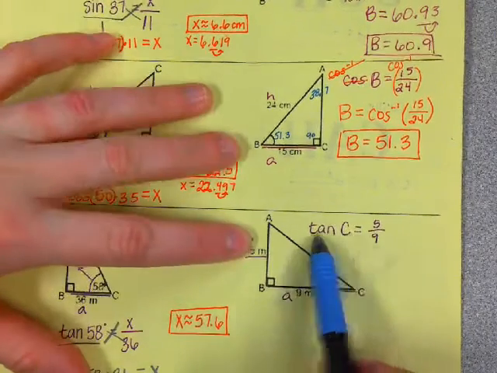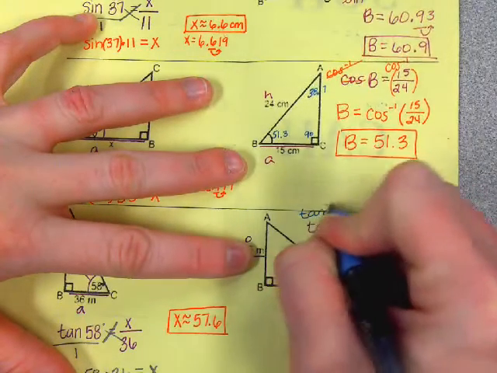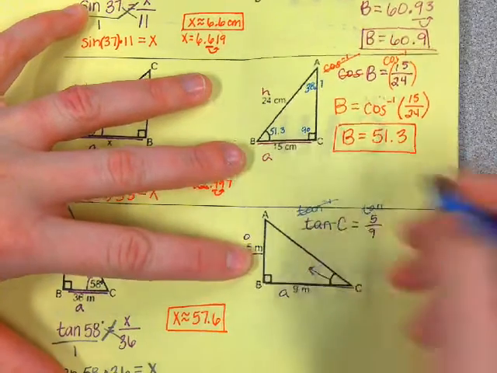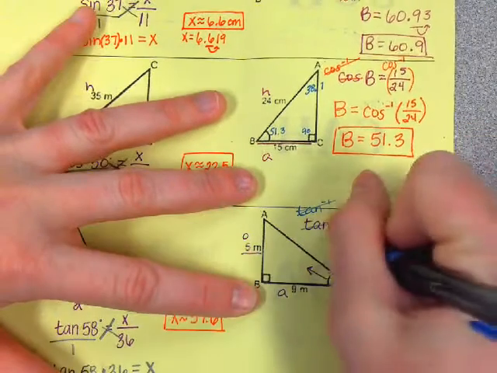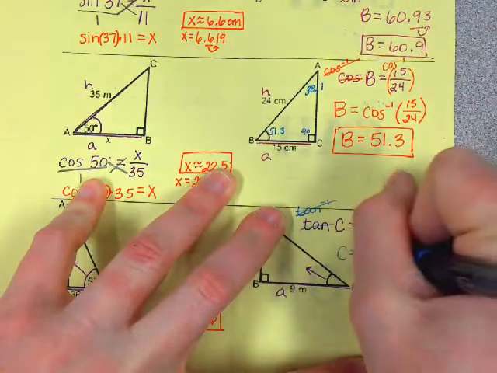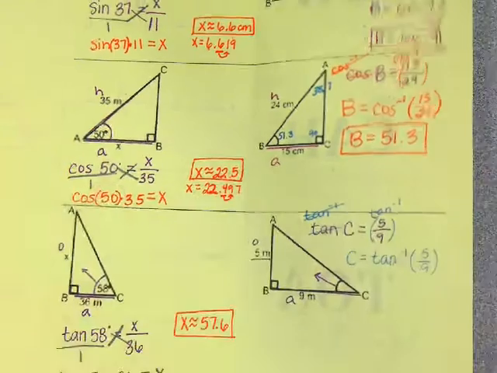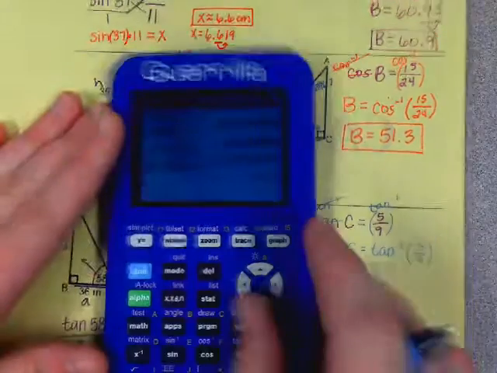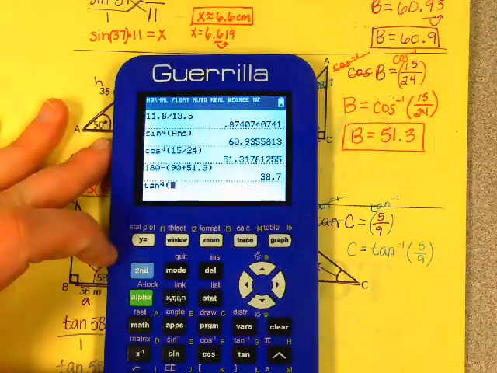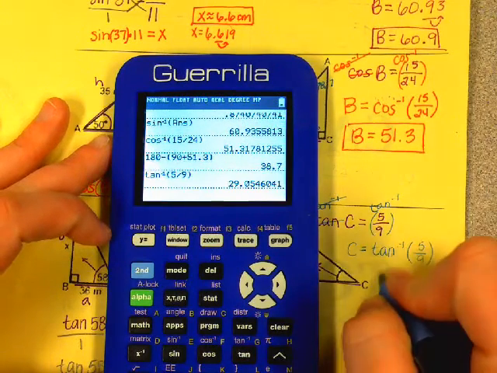Okay, again, we're trying to find the angle measure. So we need to get tangent off this side. In order to do that, you need to do the inverse of tangent. Those two cancel. So the equation to find angle C would be the tangent inverse of 5 over 9. So hit second, tangent, 5 divided by 9.